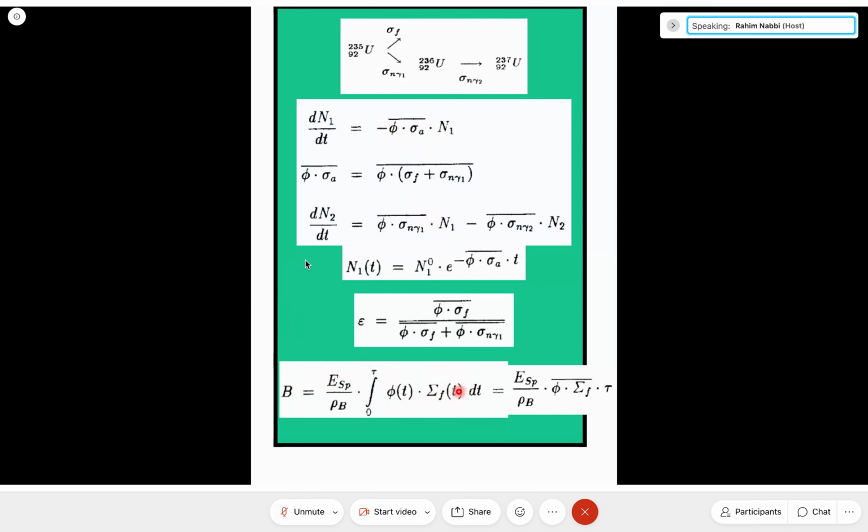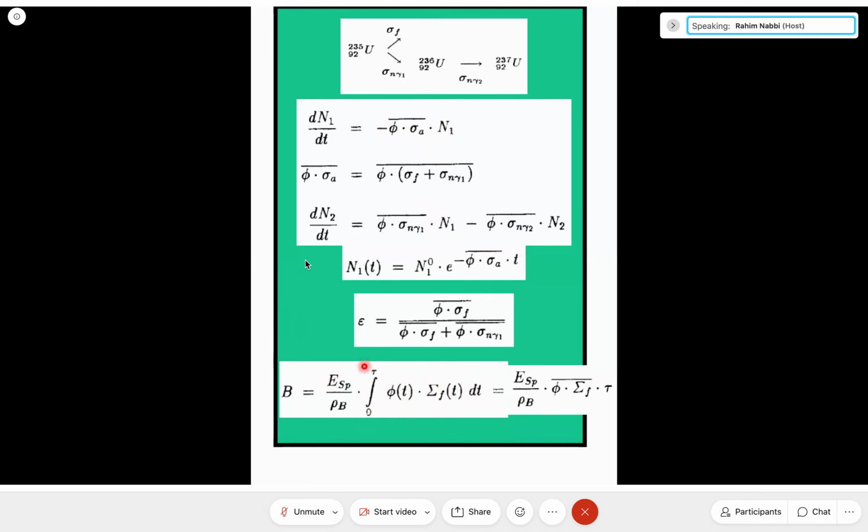But a cycle is very long, for example, 1 year or 2 years. For this reason, this product produced per second has to be multiplied by the delta t time interval and then integrated for the whole length of operation, called tau.